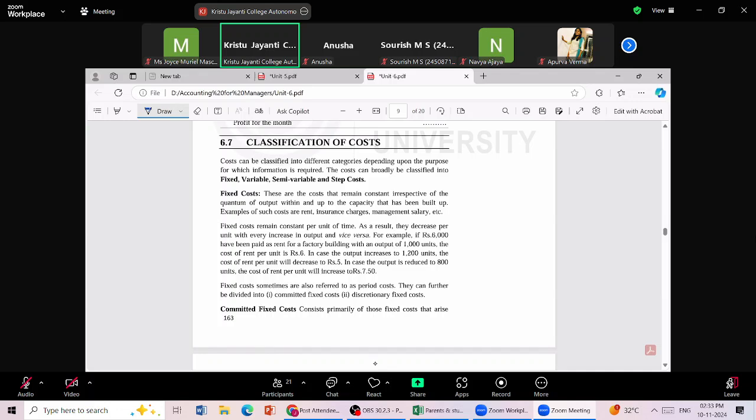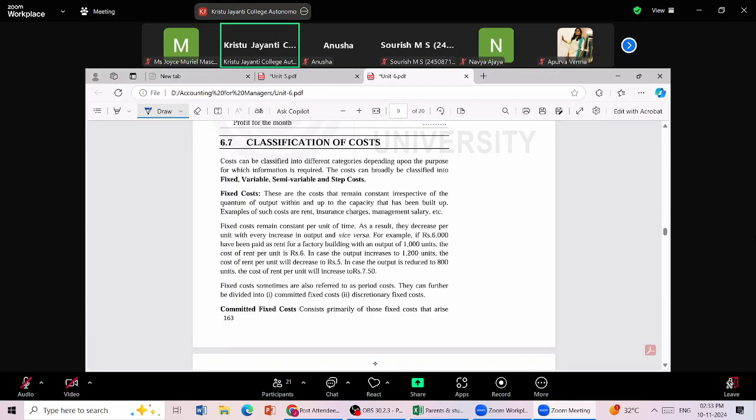For example, rent of the building. Whether you do production or not, the rent has to be paid. So that is fixed. Even when you pay an electricity bill, there is one fixed amount. Anything where there is no change, it stays at its default whether there is increase or decrease. That is called fixed expense.